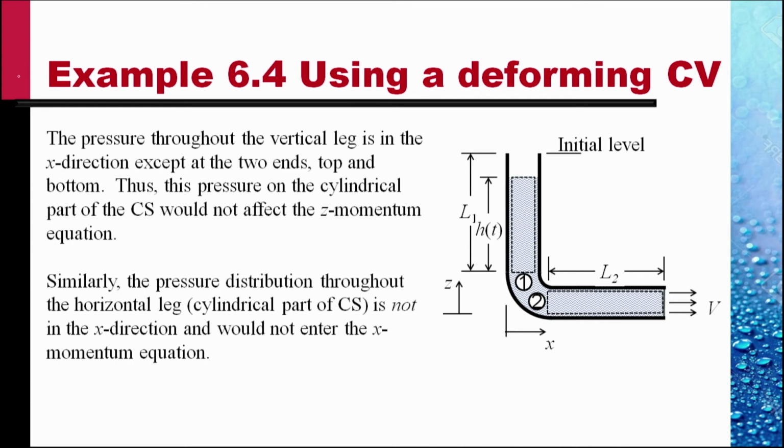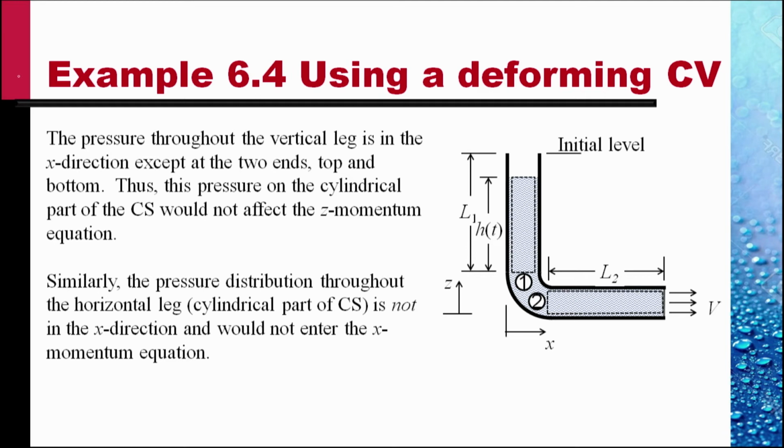The pressure throughout the vertical leg is in the x direction, horizontal, on the curved wall, except at the two ends, the top and the bottom end. The pressure on the cylindrical part of the control surface would not affect the vertical momentum equation, the Z momentum equation, because those forces are horizontal.